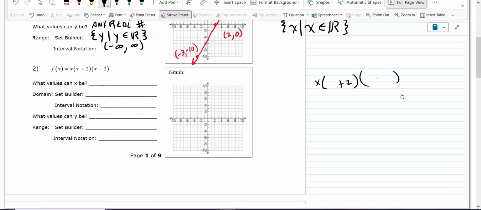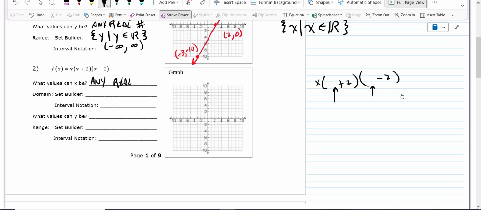Here's the way I look at this problem. Is there anything that you cannot add 2 to? Every number you've ever learned about, you can add 2 to it. How about, is there any number you cannot subtract 2 from? Is there anything that you can't multiply by? Again, there's nothing in this problem that x can't be. So x can be any real number.